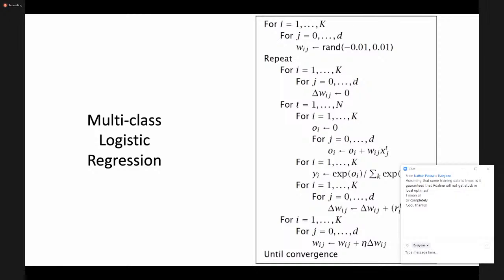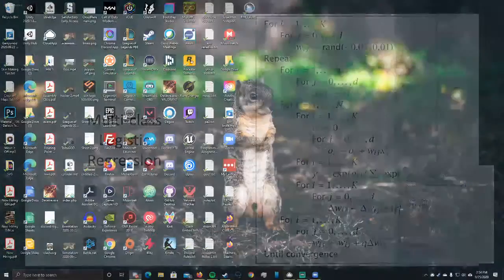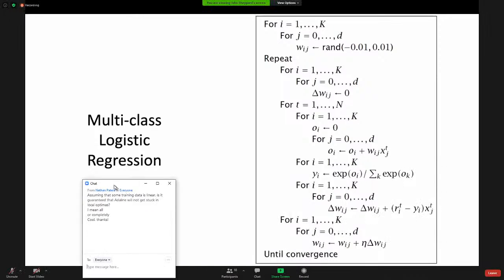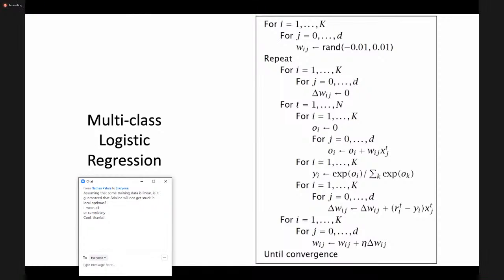But as we'll see in the end, it isn't, and there's a significant difference here. All right, so we go through, we calculate the outputs for each of our separate linear models in that first inner for loop. And then the next, we are calculating this logistic output by taking e to the o divided by the sum over all of the classes of e to the o. So that's our softmax.